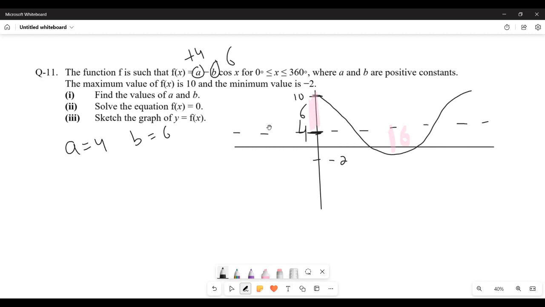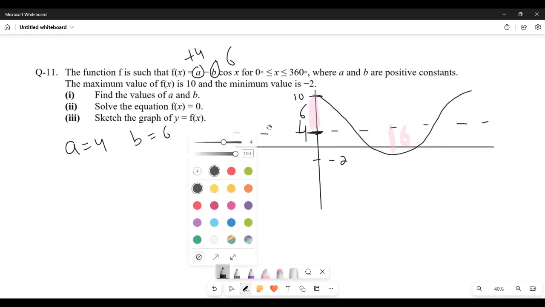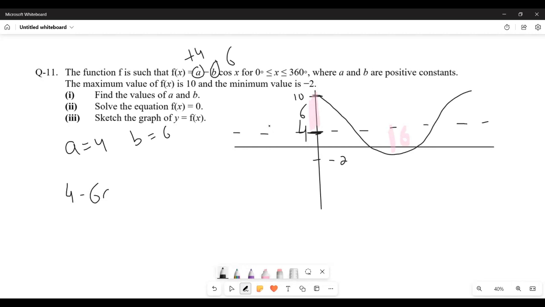All right. Now it says solve the equation f(x) equals 0. So f(x) is 4 minus 6 cos x equals 0. So we get 2 upon 3 equals cos x.